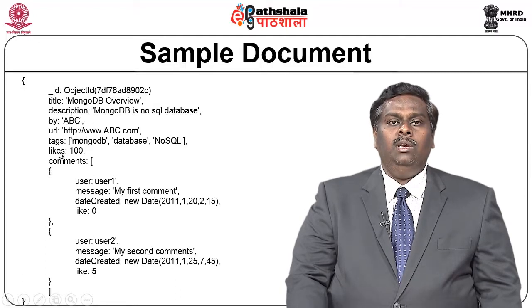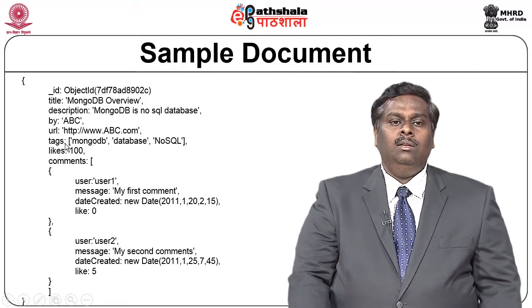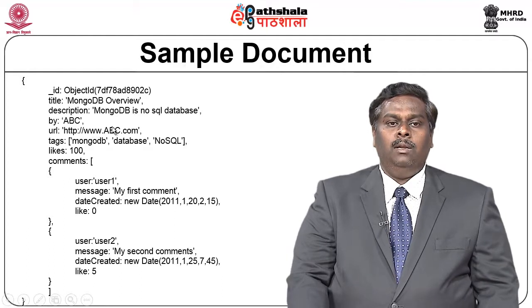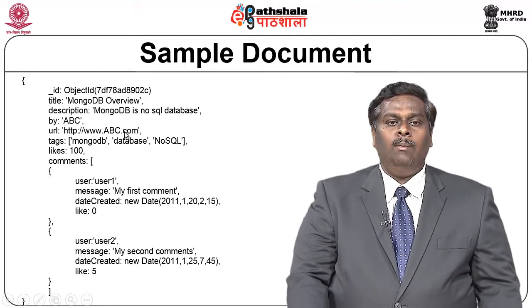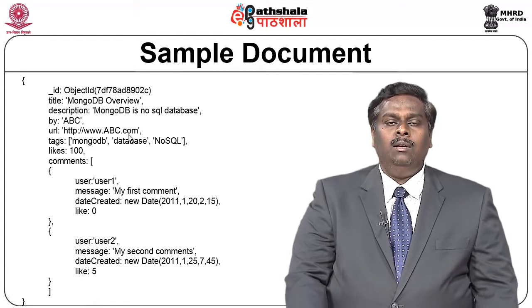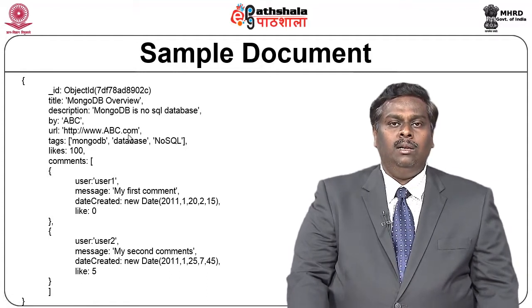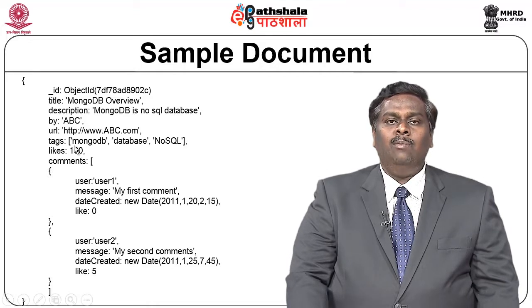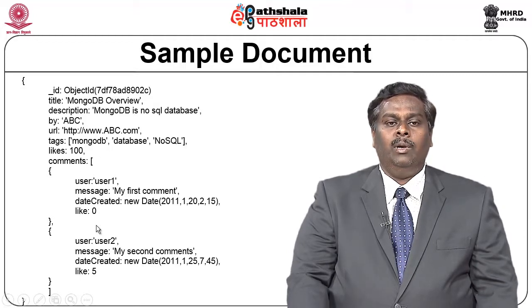If it is, say, an article that is available on this web page www.abc.com, there may be many users who have read it and given a like to this particular content, and that like can be indicated by means of a like field, then the comments given by various users after reading the document.